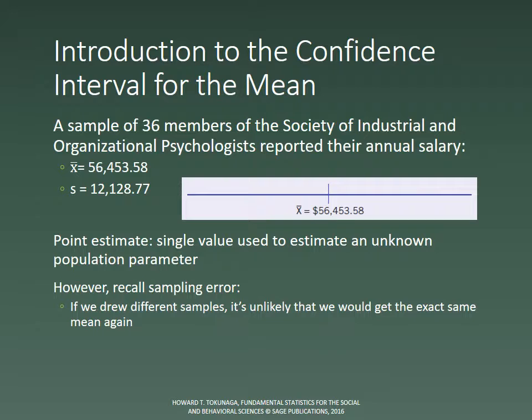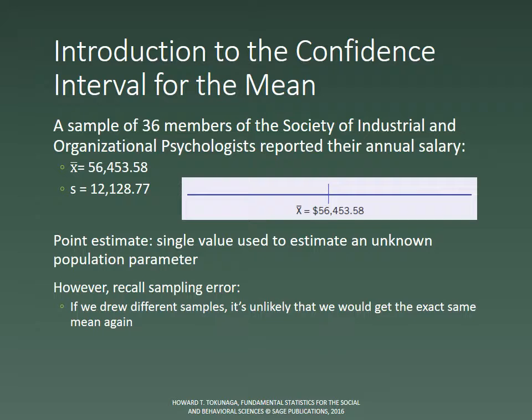Let's say we have a sample of 36 members of a society, and they reported their annual salary with a mean of approximately $56,000 and a standard deviation of about $12,000. This is a point estimate, a single value that's used to estimate an unknown population parameter. So that mean is one point estimate.